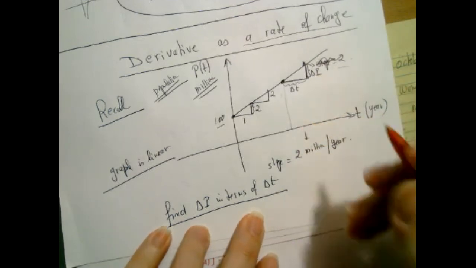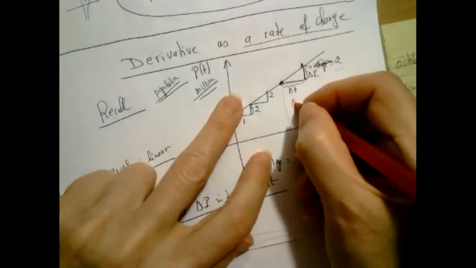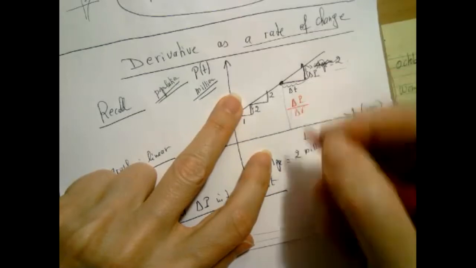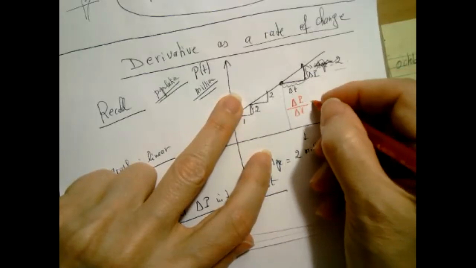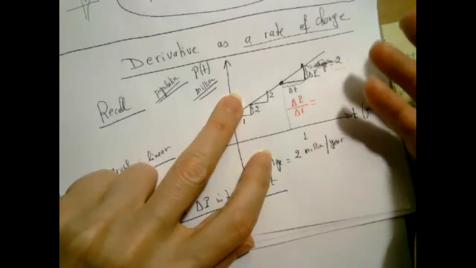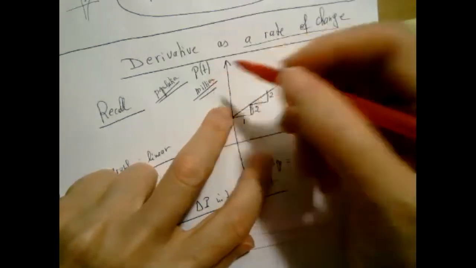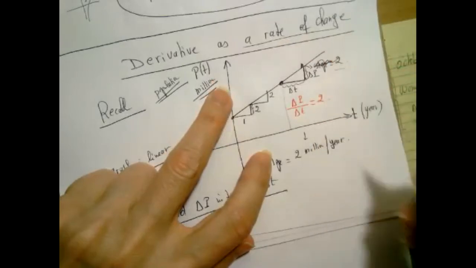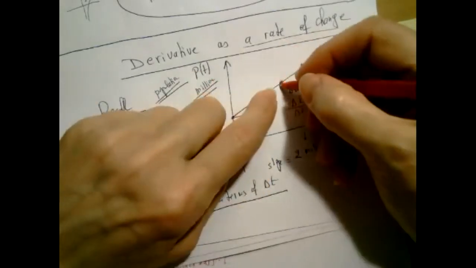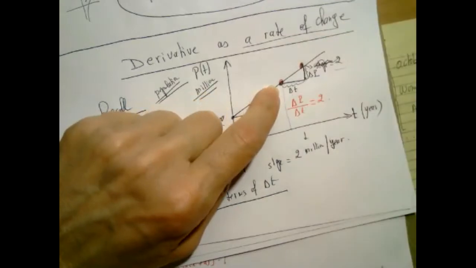Okay, let me ask the following question. The change in population over the change in time in this particular scenario is equal to 2. I am not going to write 2 million, because 2 is 2 million. So if I take any 2 points on the line, it doesn't matter, it's a straight line.